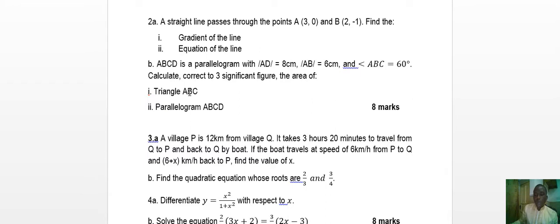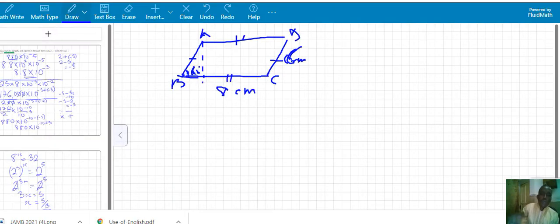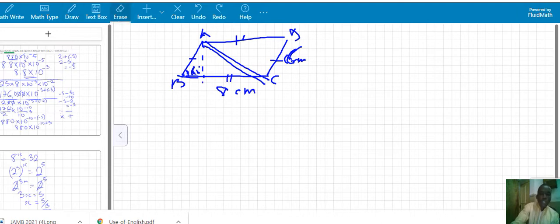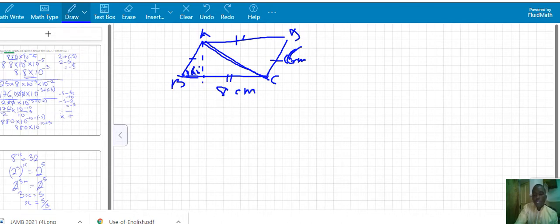ABC. Now, what is the area of the triangle? We are going to calculate that first. The area of the triangle ABC. This is the triangle we are looking for. This is the area we are looking for, triangle A, B, and C. And remember, this angle is 60 degree.